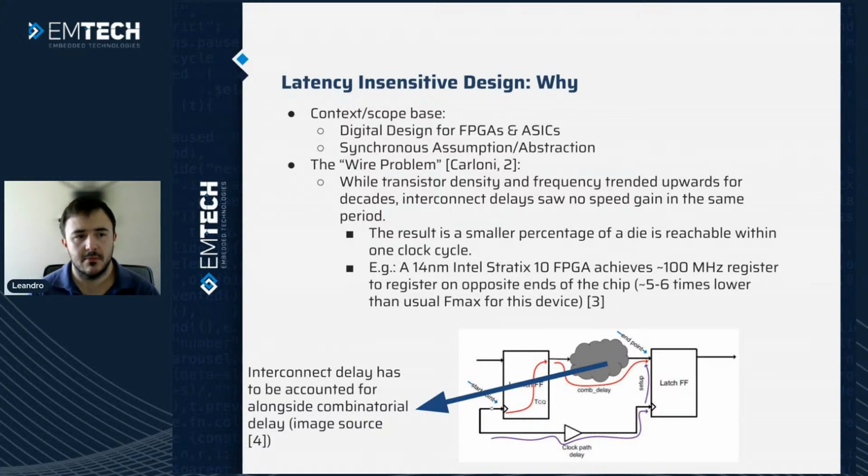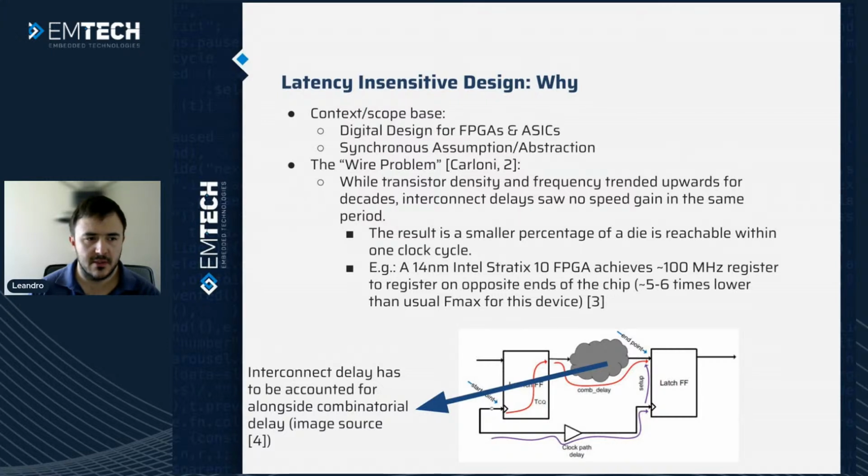But the result is very clear: a smaller percentage of a die, whether it's an FPGA or an ASIC, is reachable within one clock cycle. And when this happens, the assumption that you're synchronous falls apart a little bit.